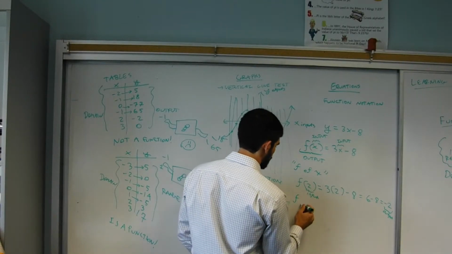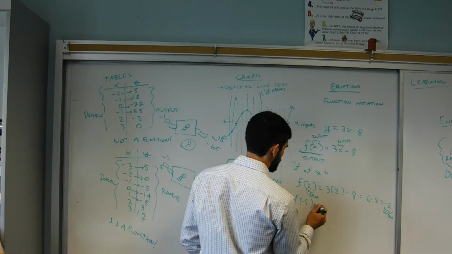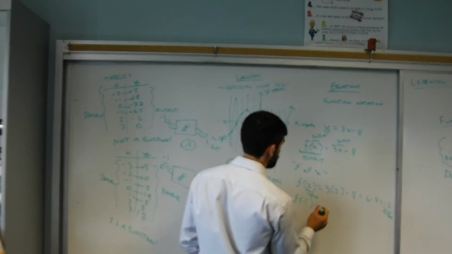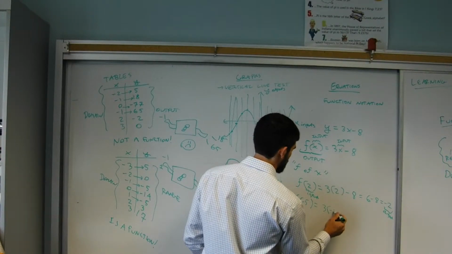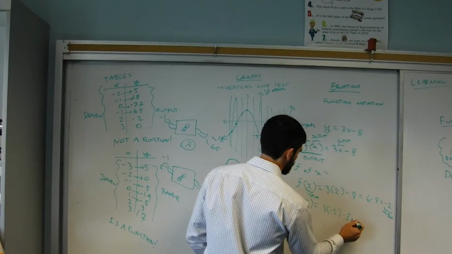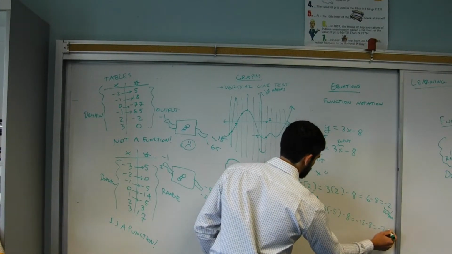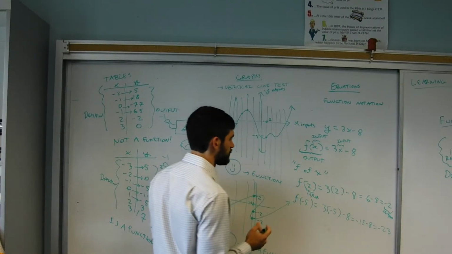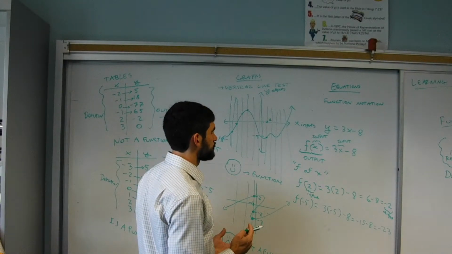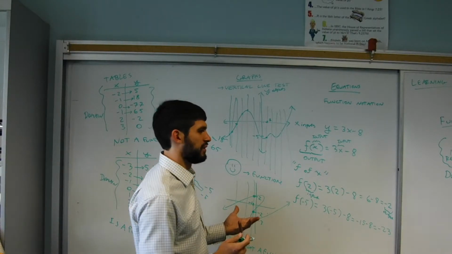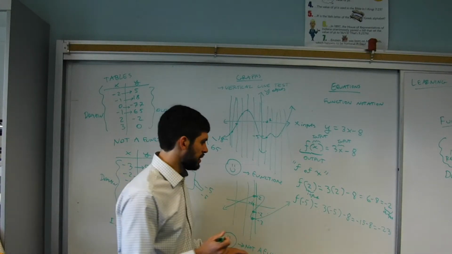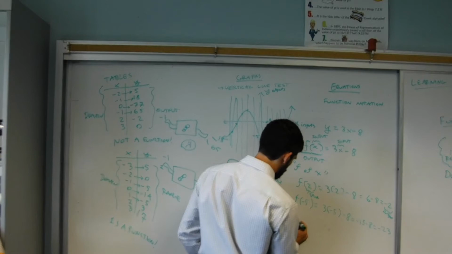We have f of -5, it's going to be equal to 3 times -5 minus 8, so -15 minus 8, which is equal to -23. So that's an example of a function in equation form. Let's do one more.